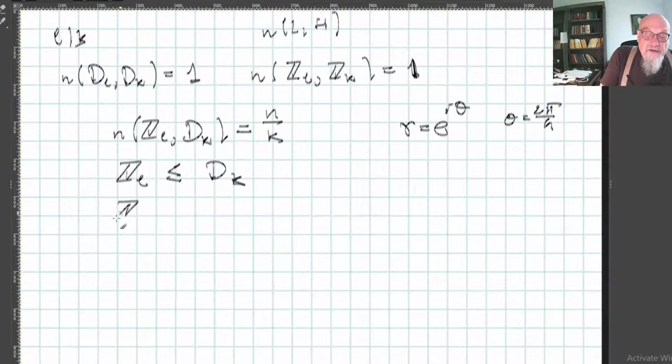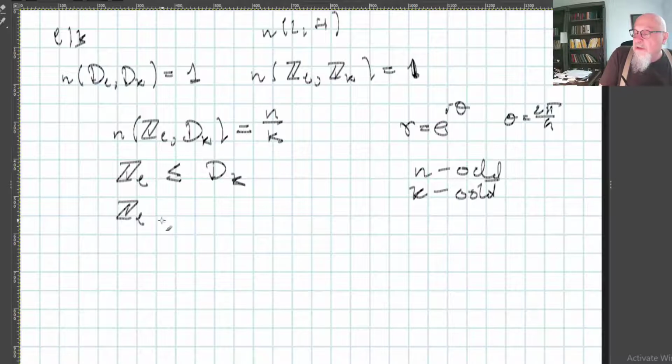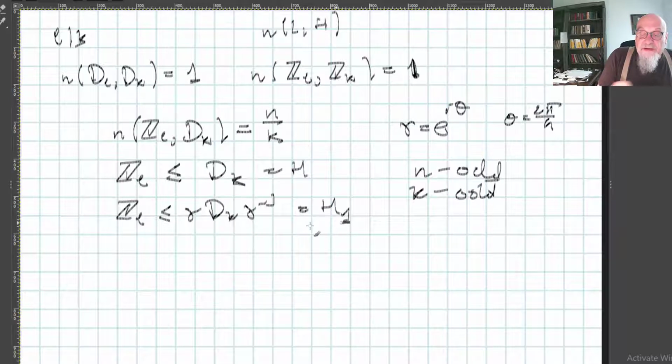Then you have here also that ZL will be, N is odd. Remember, N odd. So K is odd. And this one will be smaller or equal to gamma DK gamma minus 1. So that's your copy number 1. So this is your H, this is your number 1 H, and that contains ZL.